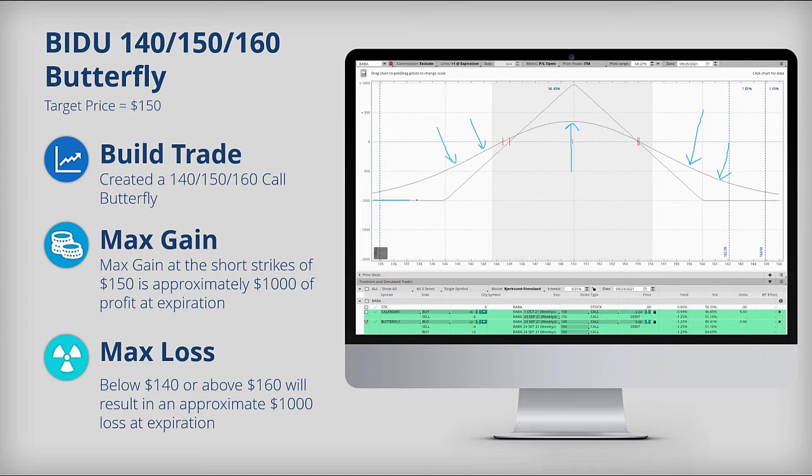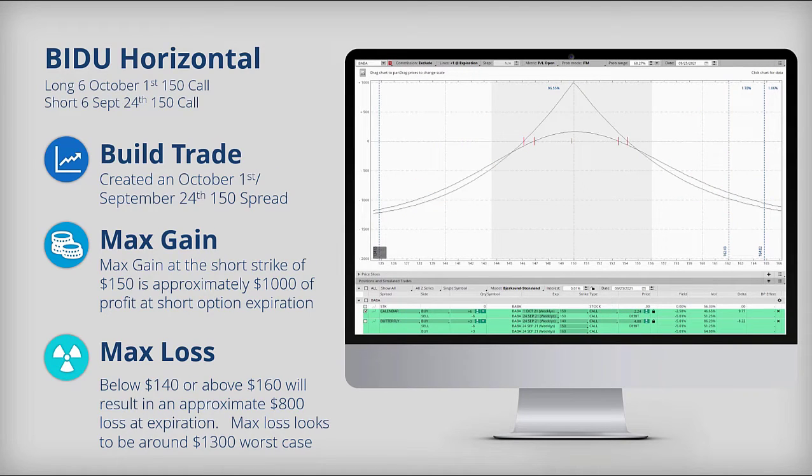But at expiration, we've got our very classic pyramid shape. Very clear, easy to define. We know exactly what our risk is. We know if it goes down, $1,000 is the most we can lose. And then we have our profit in here between 144.5 and 154.5. We've got a nice wide profit picture for this butterfly.